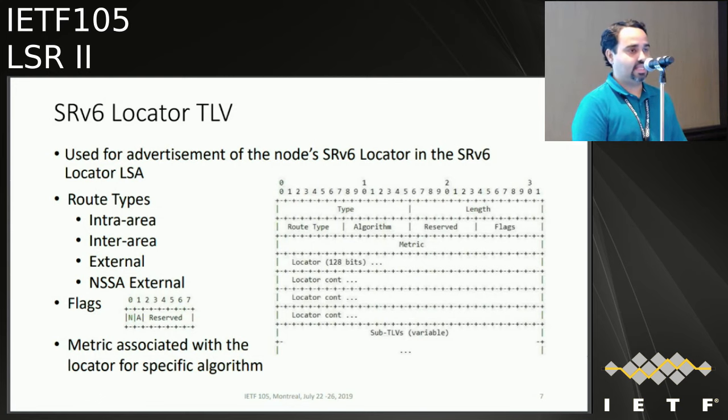Unlike in the ISIS case, since the locator is a separate LSA, we cannot reuse the existing prefix attribute flags that we had with OSPFv3 or OSPFv2. So the flags are defined separately here. Then we have the metric, which is associated with the specific algorithm of the locator.